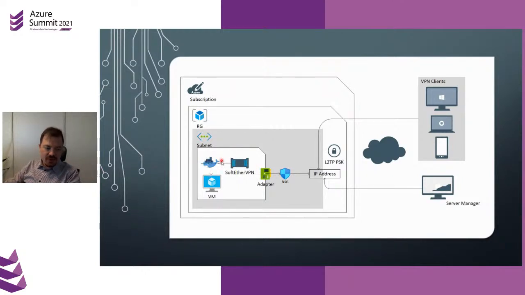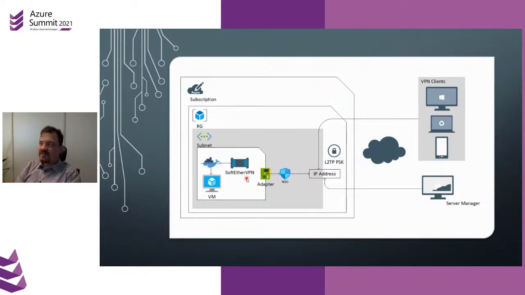Okay, so inside the virtual machine we have Docker, and software of VPN server inside the Docker container. For this purpose, I will use SoftEther VPN, and the reason for that is, first of all, it is open source and free, so we can easily use it as we want.